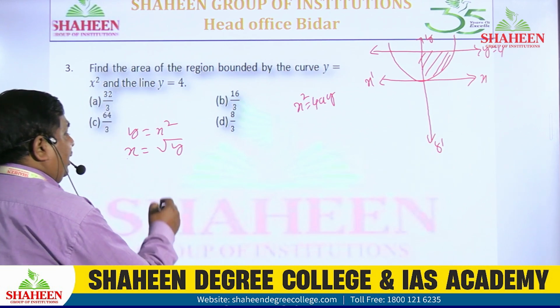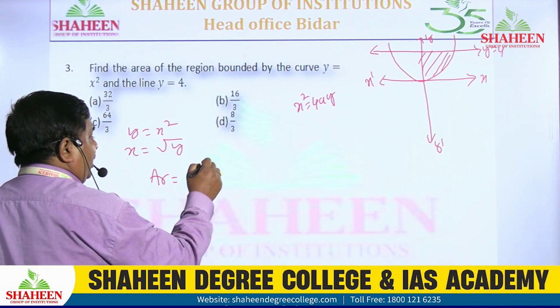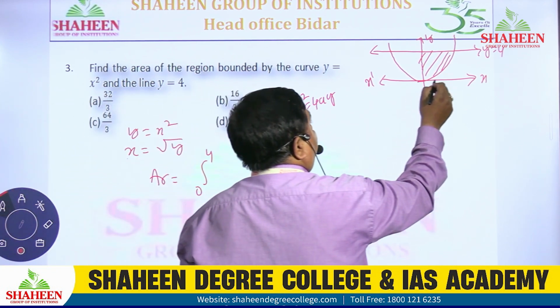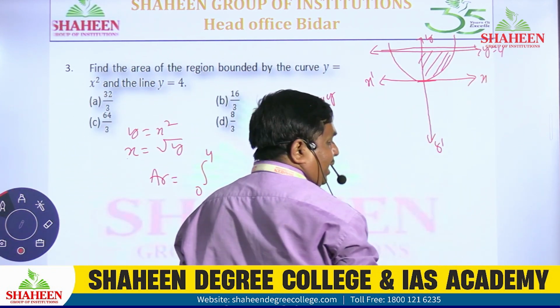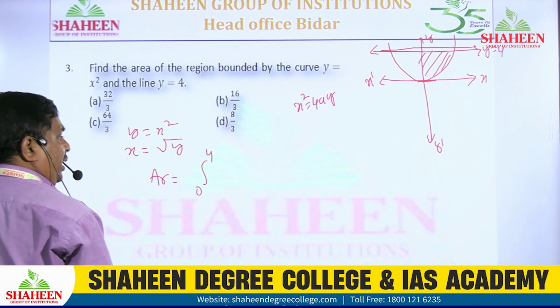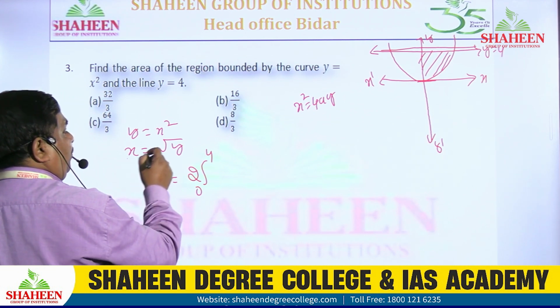And integrating this, the area of the shaded region is from 0 to 4. From the origin to 4 it is shaded on the y-axis. From the origin to 4 it is shaded, and this kind of two portions we have. And what is the function here?